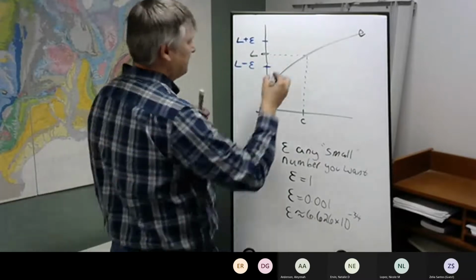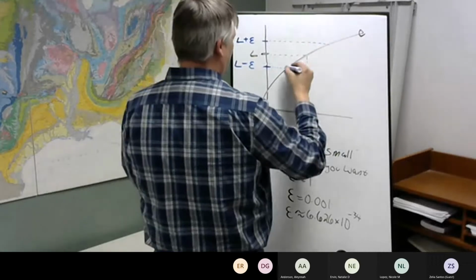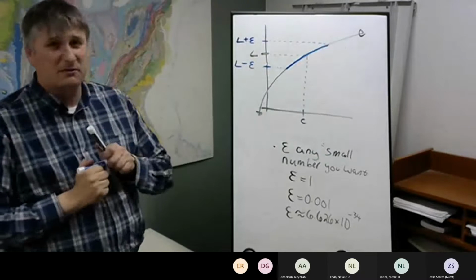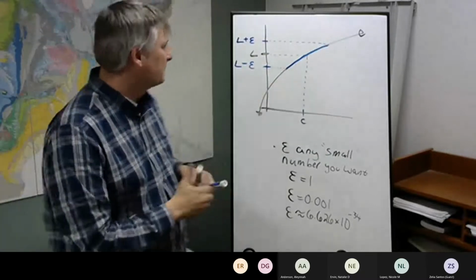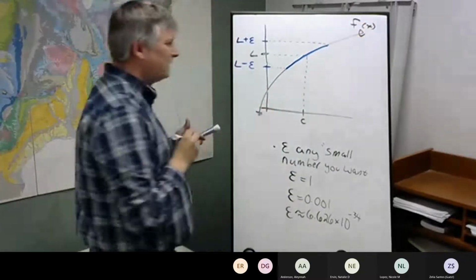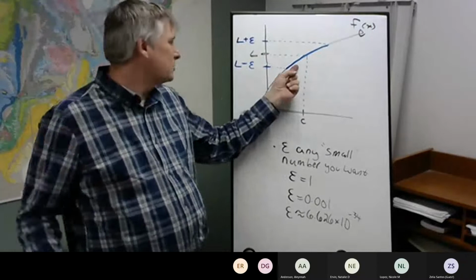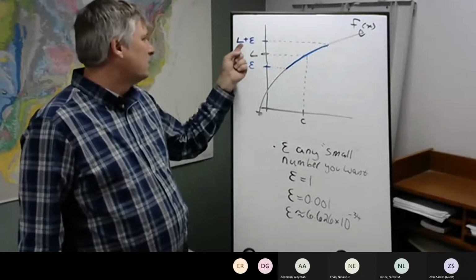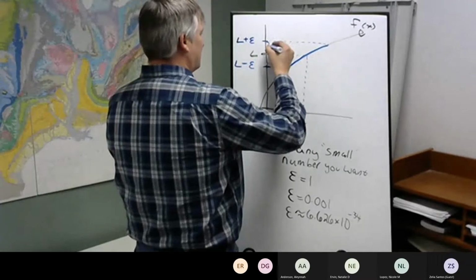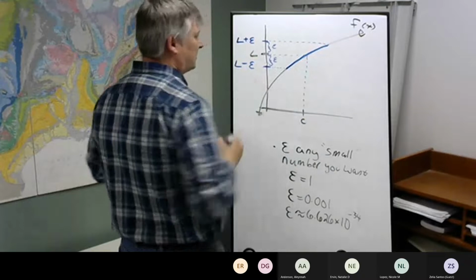So what this does, this is the part of our function, f of x, that has y values that are somewhere between L minus epsilon and L plus epsilon. So that means the distance in here is epsilon, epsilon.